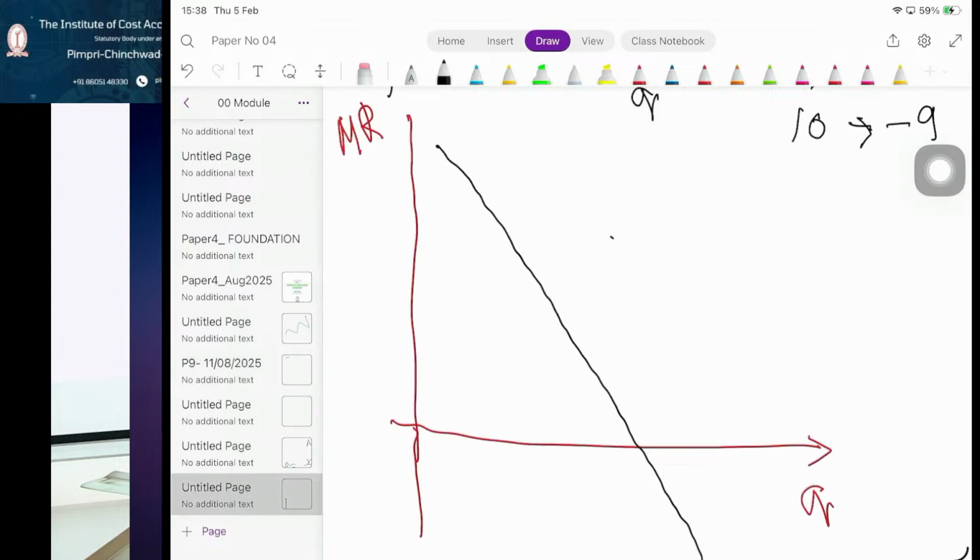Okay, this is our marginal revenue curve. I have deliberately shown two parts. It is cutting at some point and then it becomes negative. Did you all plot this graph? Done? Can I proceed?